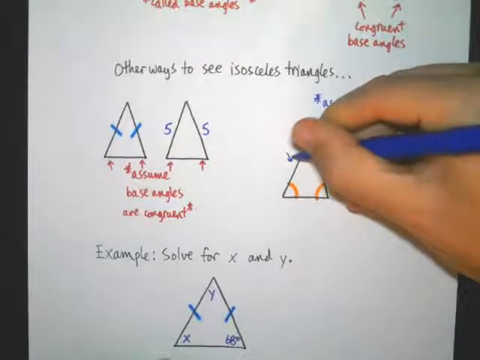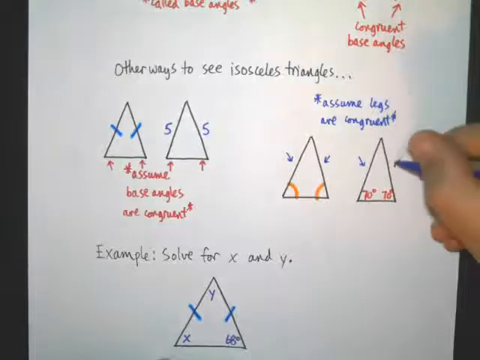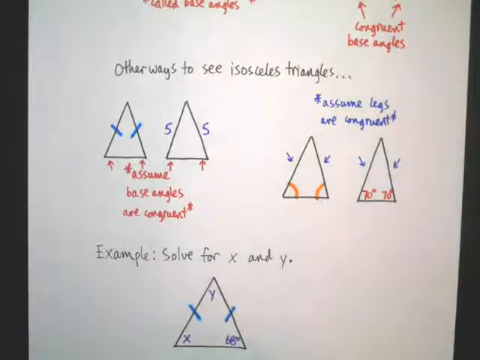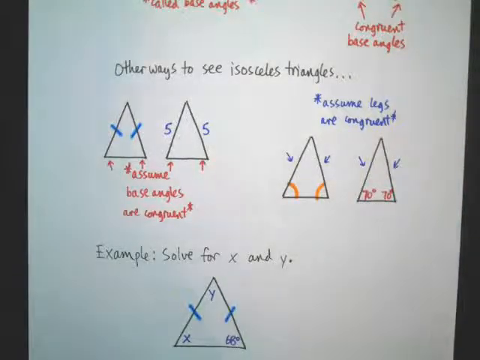And remember, the legs would be those two sides, those two sides. As long as the base angles are congruent, you can assume that the legs are also congruent.